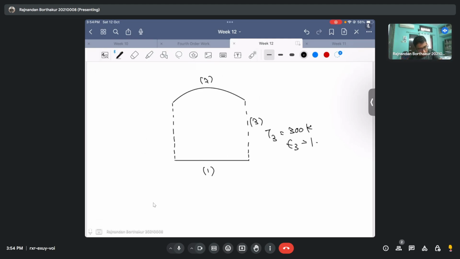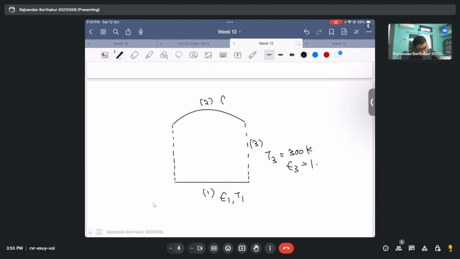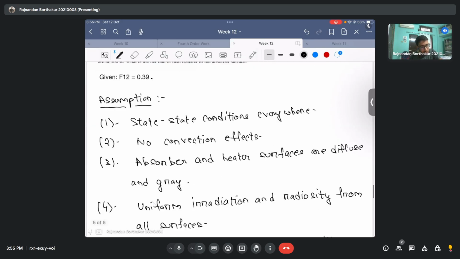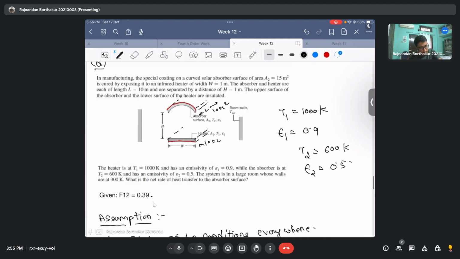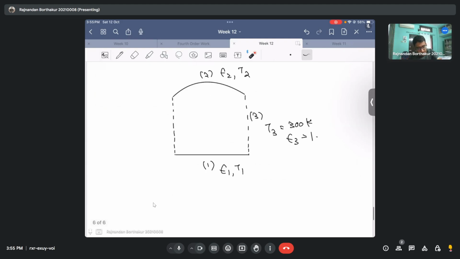Of course, the emissivity of my heater, which is surface 1, is epsilon 1, that is given. Its temperature is T1. Similarly, I can write the same for my absorber surface, epsilon 2, and its temperature is T2. Of course, T1, T2, epsilon 1, and epsilon 2 are already given. I'll just write it down for the sake of completeness.